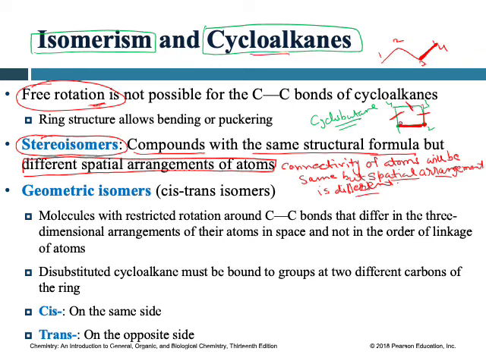So let's take an example over here. Let's say I have this cyclobutane again, with a substituent A attached to it and substituent B attached to it. So let's imagine you have two substituents attached to this cyclobutane. Right now atom A is pointing downward.